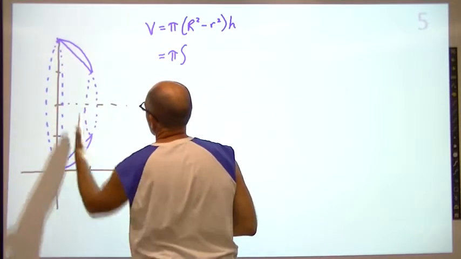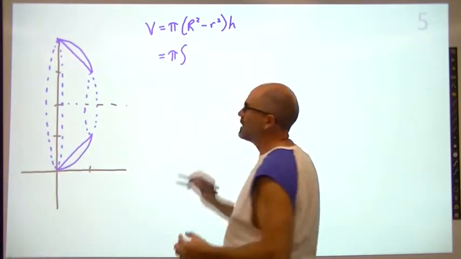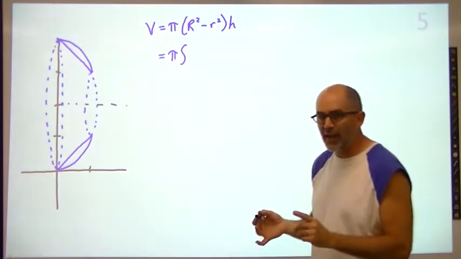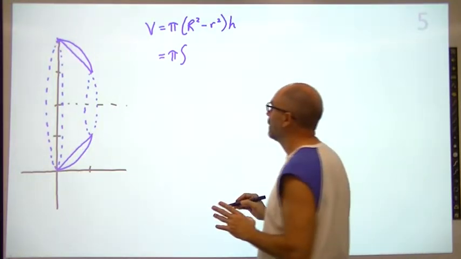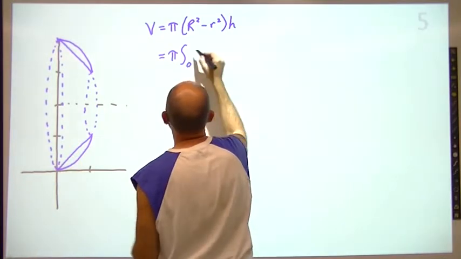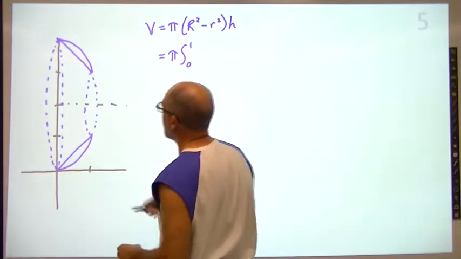Notice each washer is going to be a dx thickness, so that means my h will be dx. That means my limits of integration will be x values and my functions will be in terms of x. So I'm integrating from x equals 0 to x equals 1 of capital R squared.